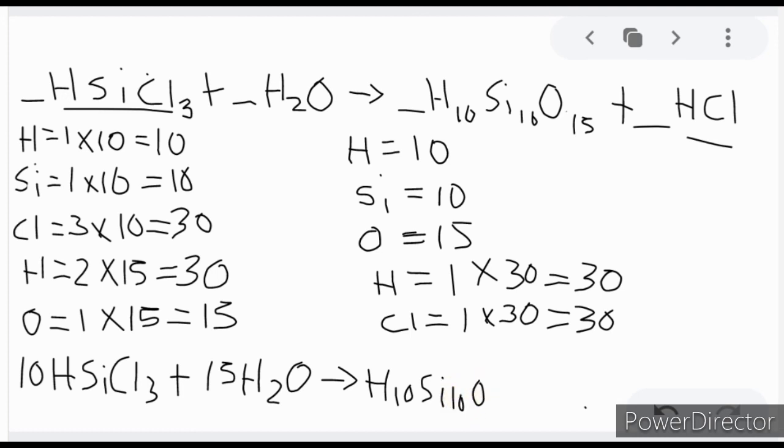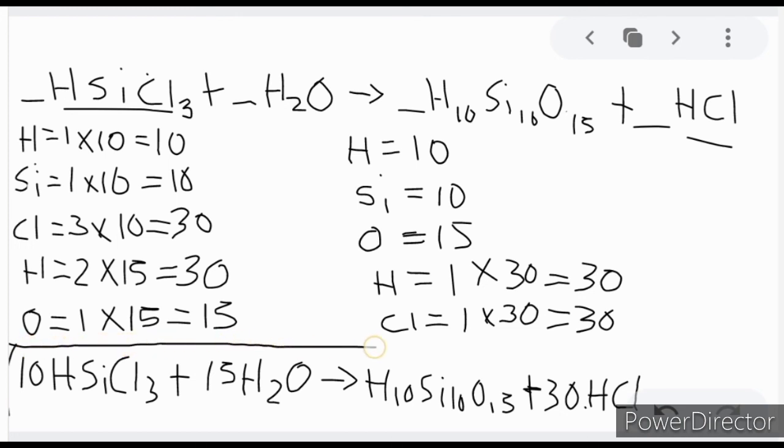Then we multiply 30 on HCl, so we have plus 30HCl. Therefore, that is the balanced chemical equation for this problem. This is our answer.